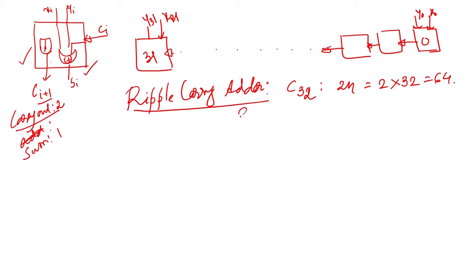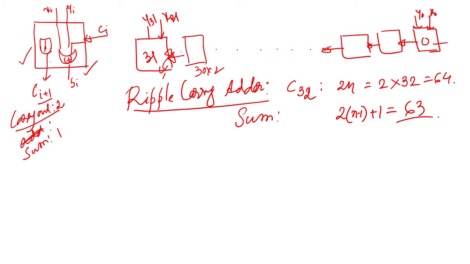And what about the sum? For the 30th block, if you start from 0, it will take 30 into 2, and after giving input it will take one more. So, it will be twice n plus 1, so it will be 63.